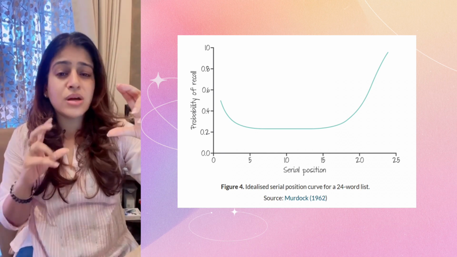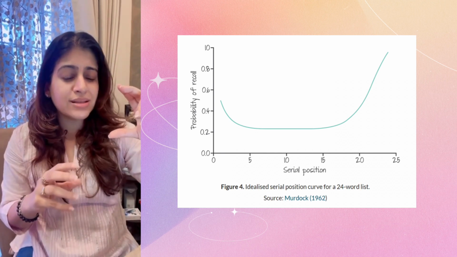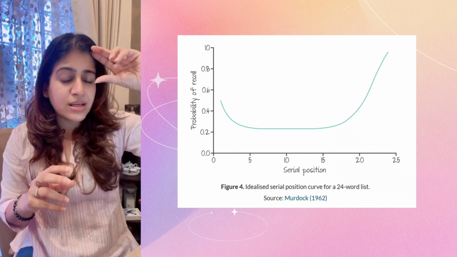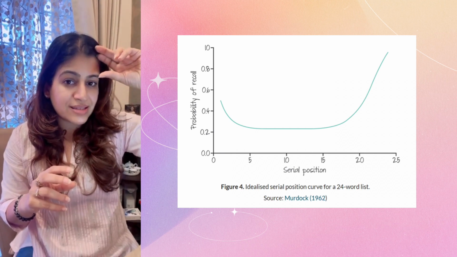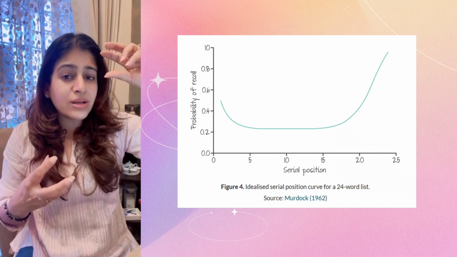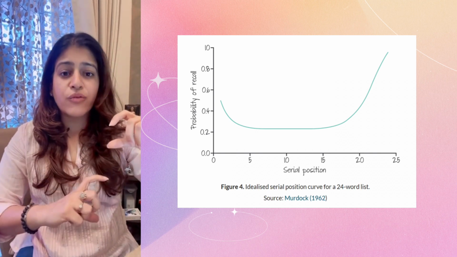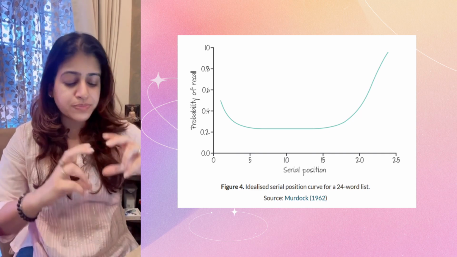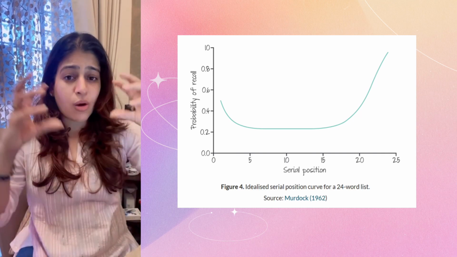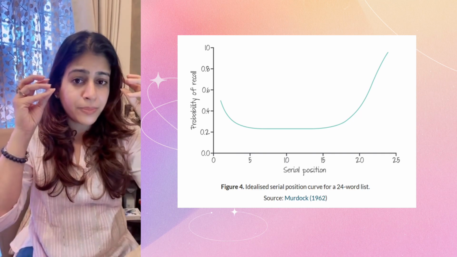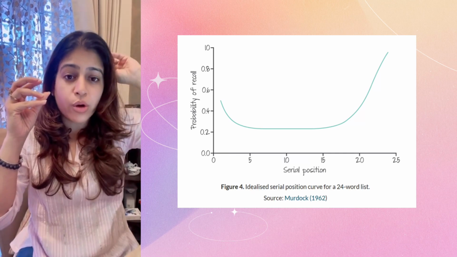The middle words are usually forgotten because they are replacing these initial words in STM, but they do not get enough time to go to LTM because they are being further replaced by the last words. So your last words occupy your short term memory and your initial words have already gone to LTM.